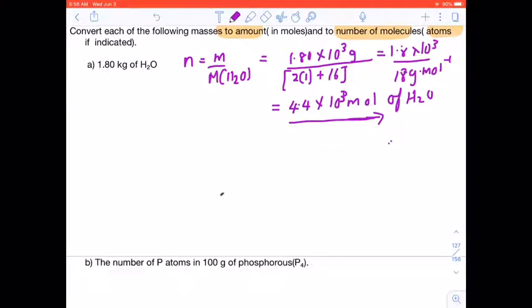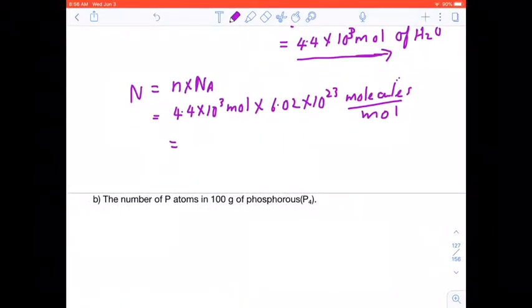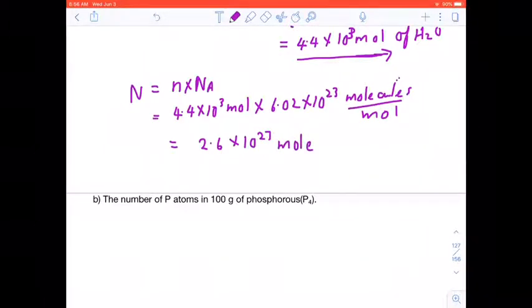N is equal to n times Na, which is 4.4 times 10 to the 3 moles times 6.02 times 10 to the 23 molecules per mole, which is then equal to 2.6 times 10 to the 27 molecules of H2O.